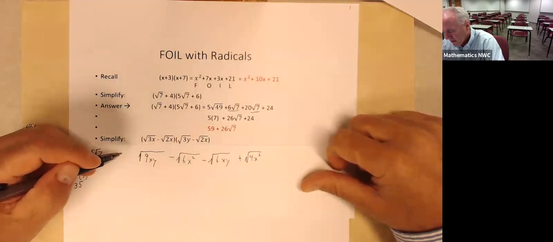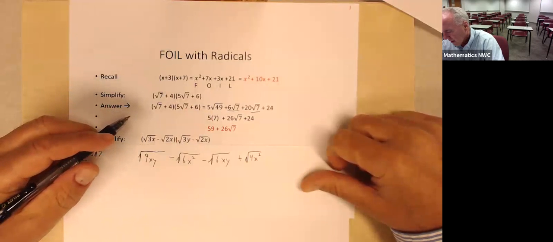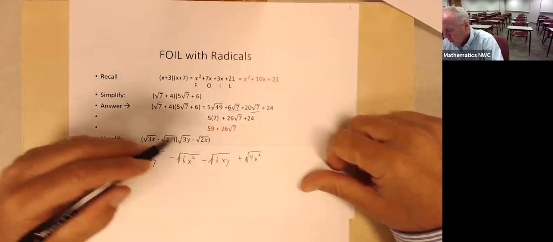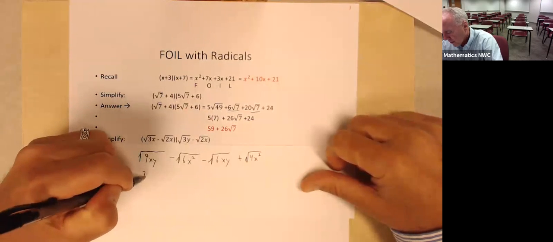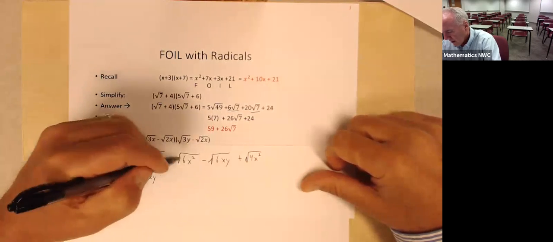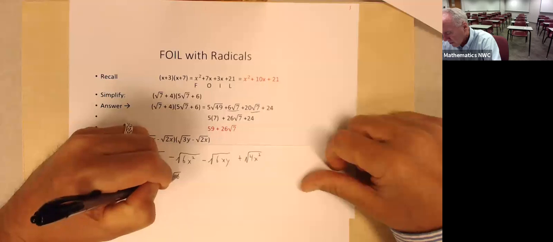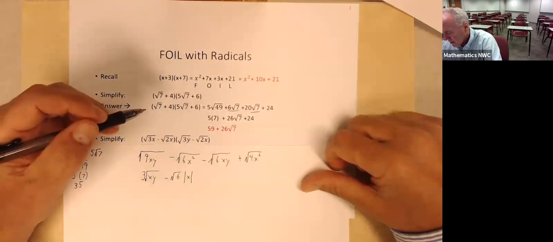Well, in this case, I had these 4 terms. This one cannot be changed other than a 3 radical xy. This one I can go radical 6, remember absolute value because it's an even root.